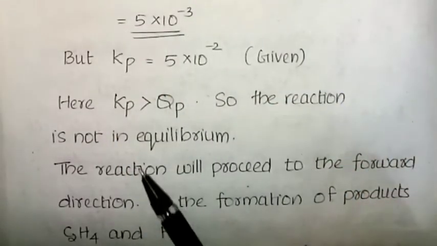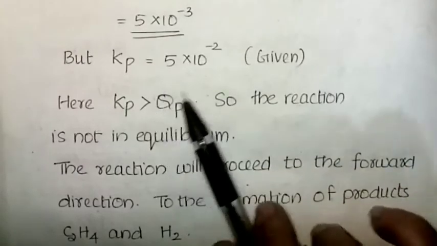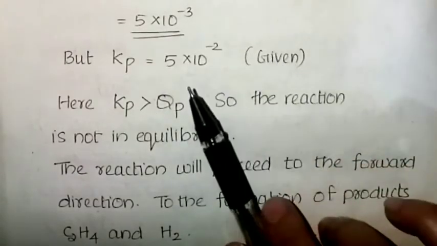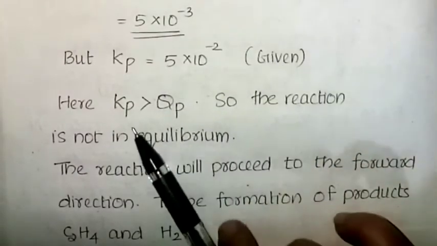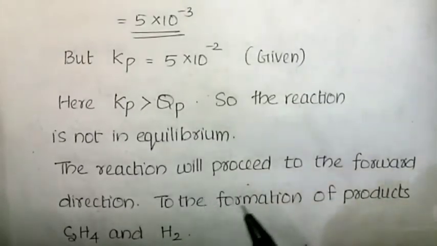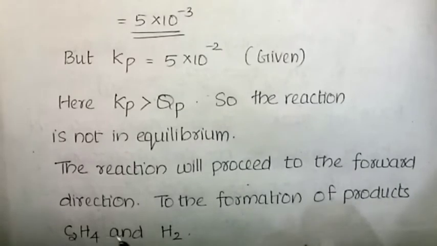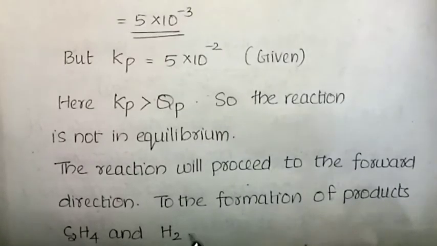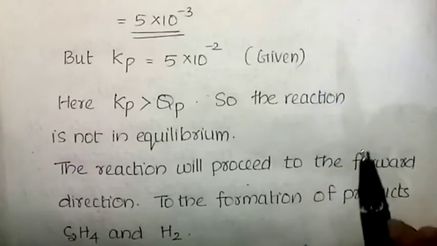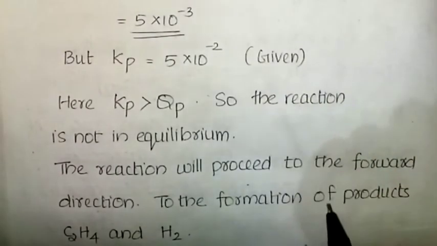Then the reaction is not in equilibrium. When Kp is equal to Qp, then the reaction is in equilibrium. But here Kp is greater than Qp, so the reaction will proceed in the forward direction to the formation of products C2H4 and hydrogen. So this reaction is favorable in the forward direction under this condition.